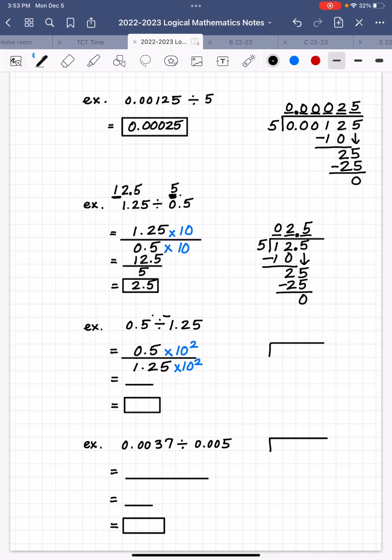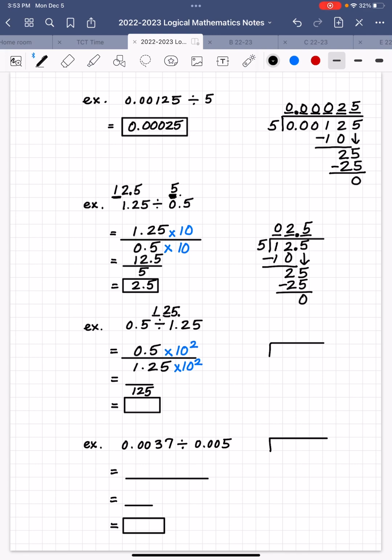Okay, each digit is going to get 2 places bigger. So in the denominator, it's going to be easy. We already know that this is going to be 125 as a whole number. That 1 is going to be there, the 2 is there, and the 5 above the 1 with a decimal point. So we have 125. That's our denominator.